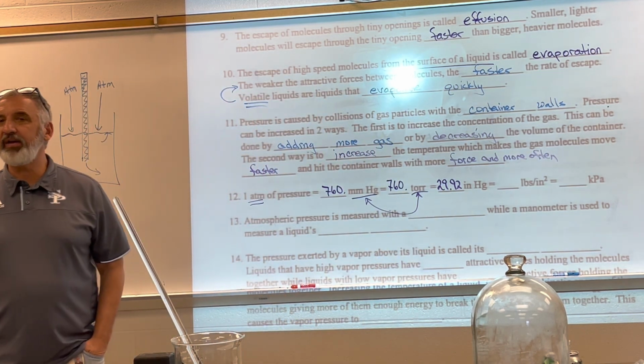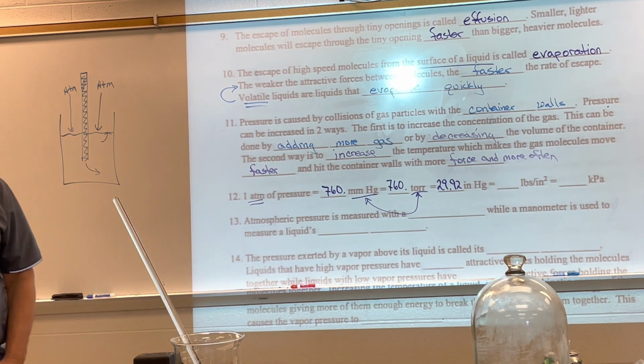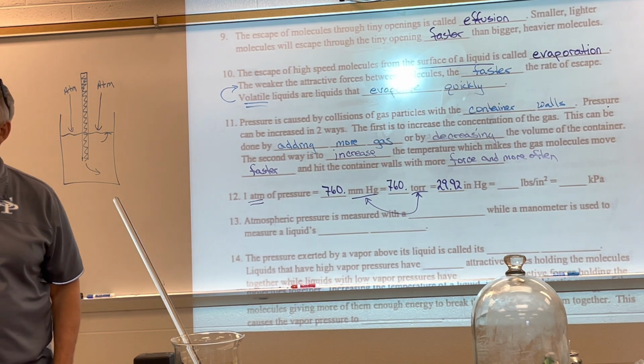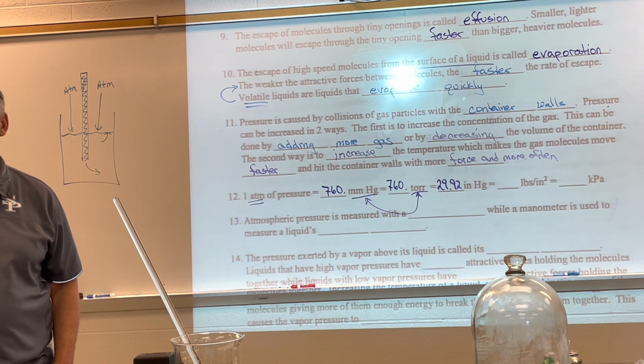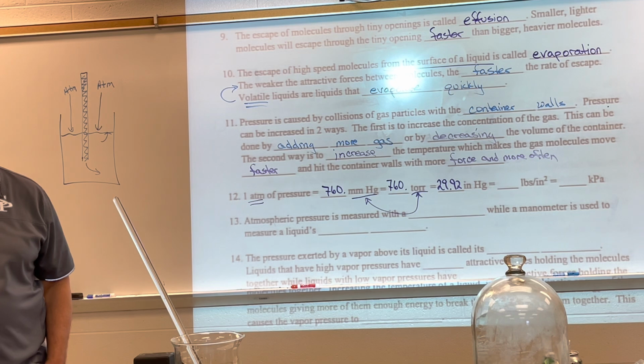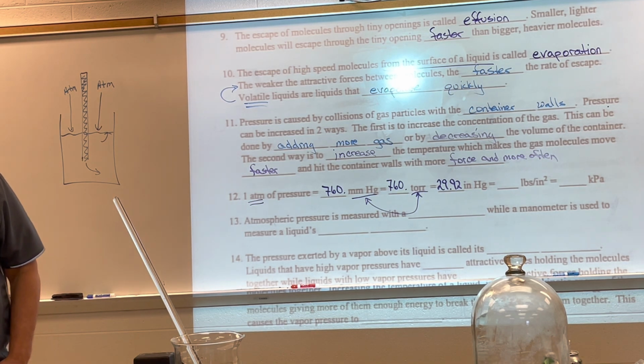So when you watch the weather and you see James Spann, he's talking about the barometric pressure reading, he's going to give it to you in inches. Anything over 29.92 is a high pressure. Anything less than 29.92 would be considered a low pressure.